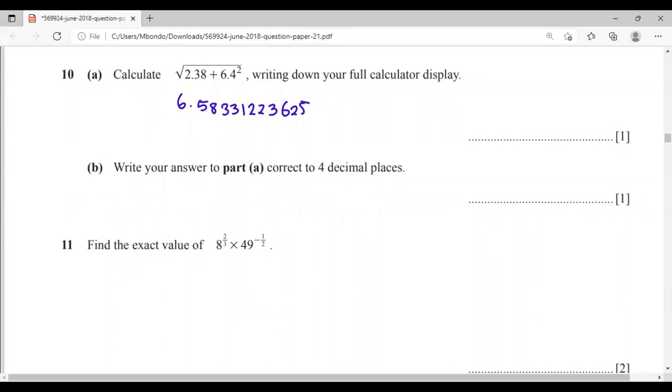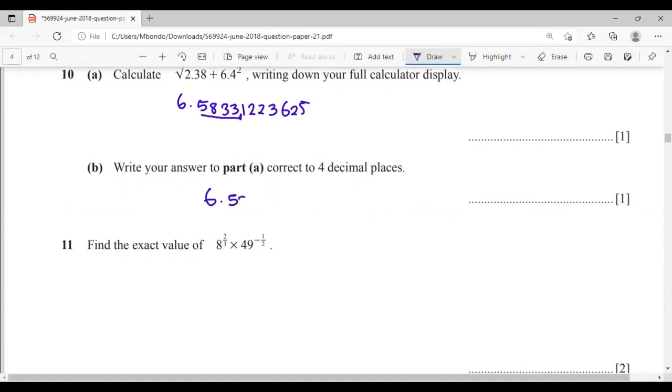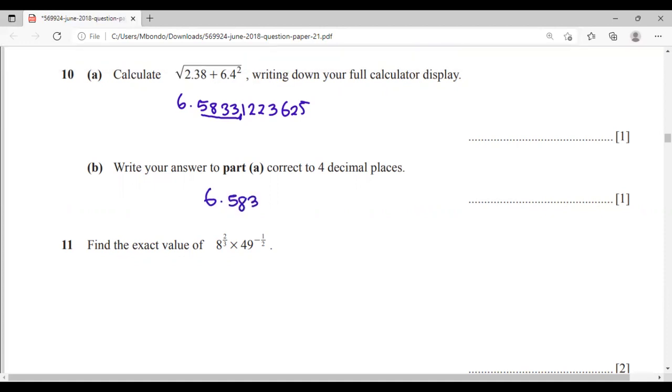Then B, write your answer to part A, correct to 4 decimal places. So we need to write it to 4 decimal places up to here. So it will just be 6.5833. That's what we're going to get.